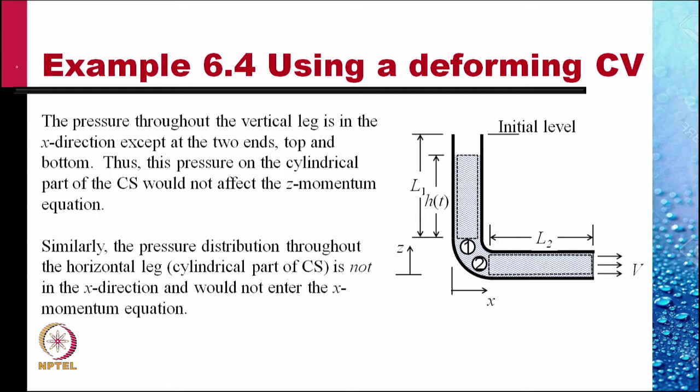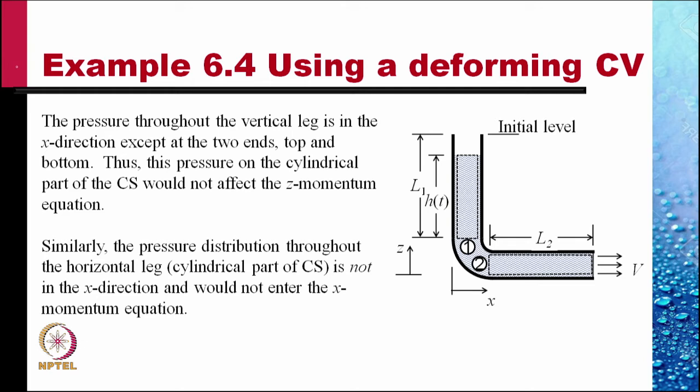The pressure throughout the vertical leg is in the x direction, horizontal on the curved wall, except at the two ends, the top and the bottom end. The pressure on the cylindrical part of the control surface would not affect the vertical momentum equation, the Z momentum equation, because those forces are horizontal.